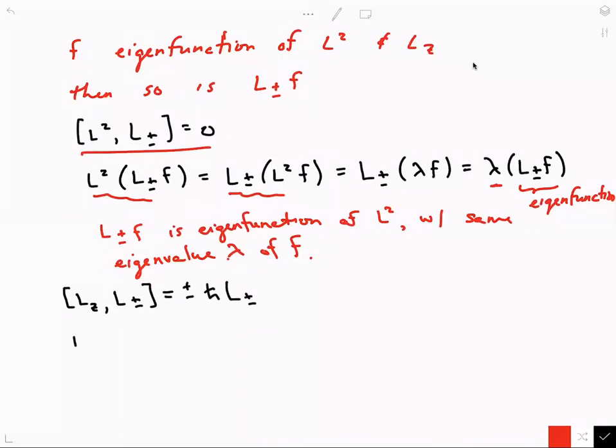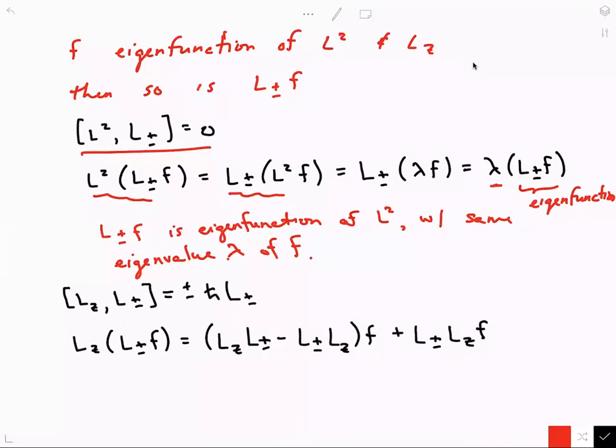That lets us know that if we apply Lz to our ladder operator acting on an eigenfunction, and we try to switch the order, we are going to get this extra component of either plus or minus h bar times our ladder function.